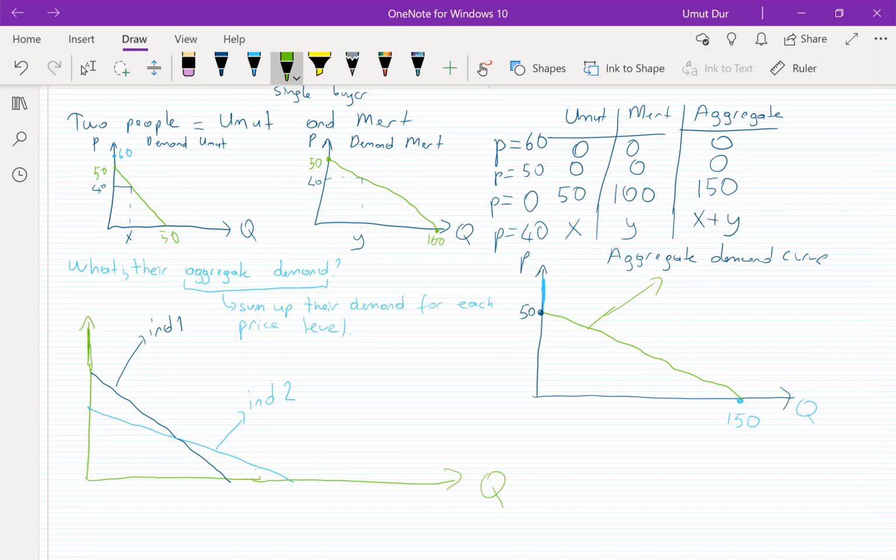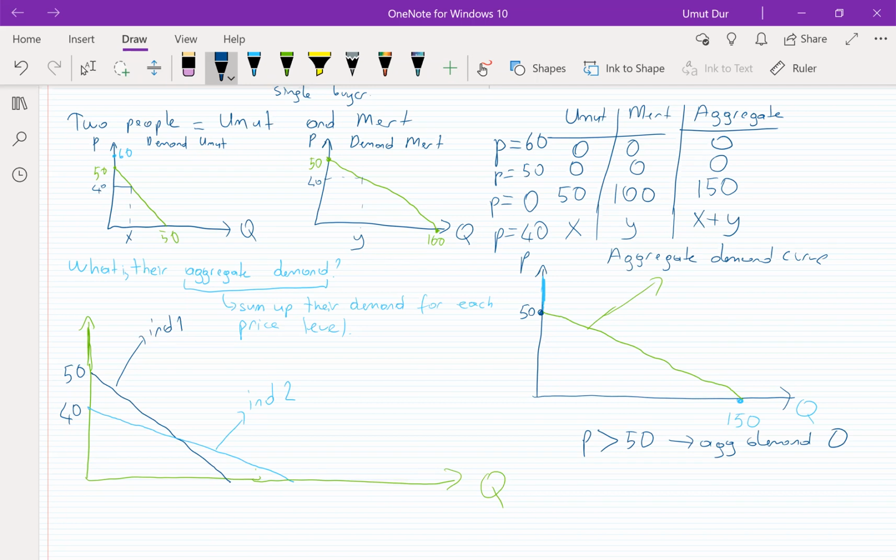Now how do I draw the aggregate demand curve for those two individuals? Let's go case by case. To make it easier, let's say that this is 50, this is 40. When the price is greater than 50, is there any aggregate demand here? No. So the aggregate demand is 0.